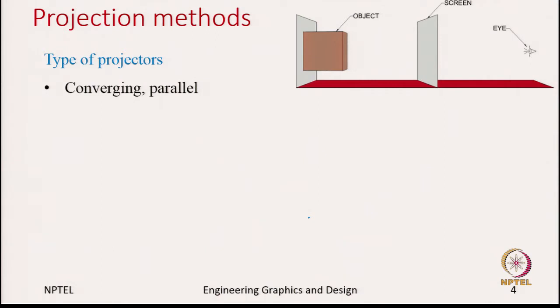There are 2 kinds, converging and parallel. In this case, let us say we draw one projector from a point on the object to the eye, and then we draw another projector from another point to the eye. We have two projectors, let us call them projector 1 and projector 2.